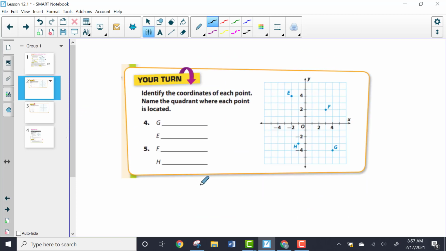Now let's take a look at a couple skills here. What we're going to do is identify the coordinates of each point, and also name the quadrant where each point is located. So when we're looking at a coordinate plane, it's important to understand the intervals. Now, just because it goes from 0 to 2 and then 4 does not mean that they're intervals of 2.